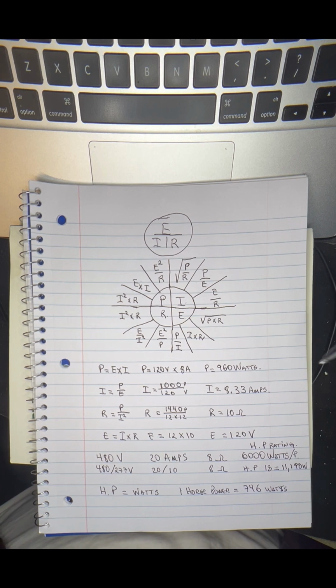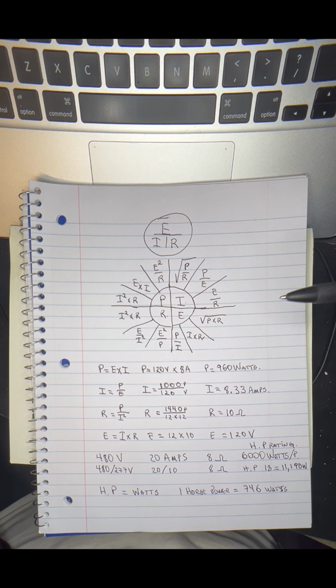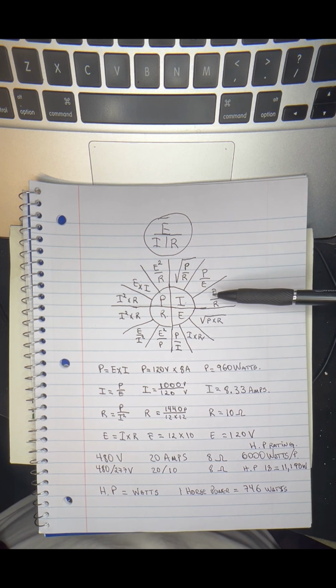So there you go, guys. It looks complicated, but practice, practice, practice. Don't give up. It's actually very easy to grasp. And with time, you're going to feel more confident that you're getting the right numbers.